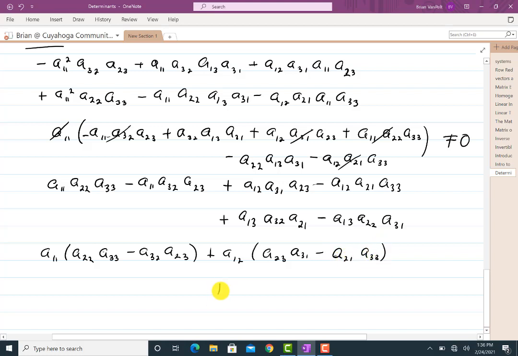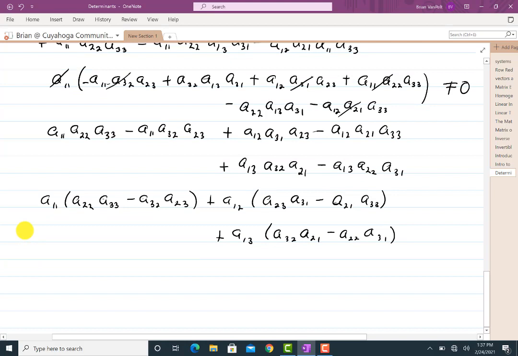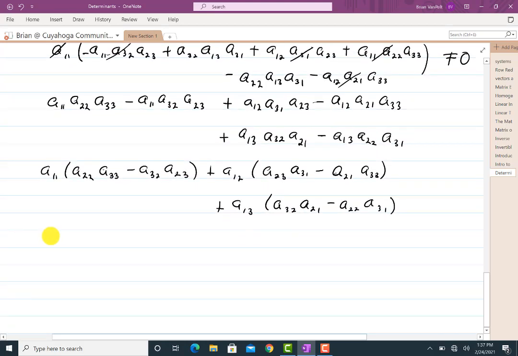And then I'm going to factor out the A13. And let's make sure it all works out. Let me go back to the matrix itself.